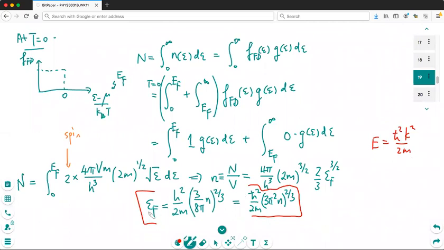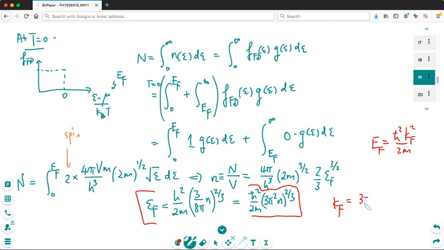Now if you look at this expression, you can identify something. These are all constant, and if I define a Fermi wave vector kF, then I can associate it with this expression, the Fermi energy. I can associate some characteristic k which corresponds to the Fermi energy, and I will call it kF.